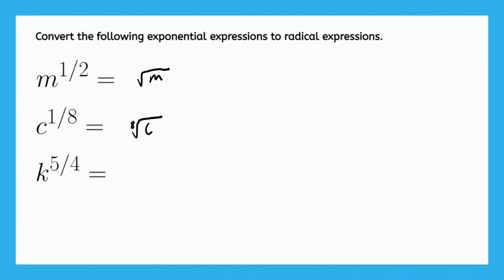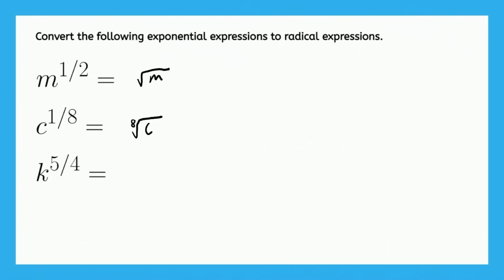Now we need to keep in mind that this expression is not 8 times the square root of c. This is the 8th root of c. If I want to write 8 times the square root of c, that would be like this. You can see that 8 is bigger, but this time we have the 8th root of c with a little 8. All right, so there it is, the 8th root of c.